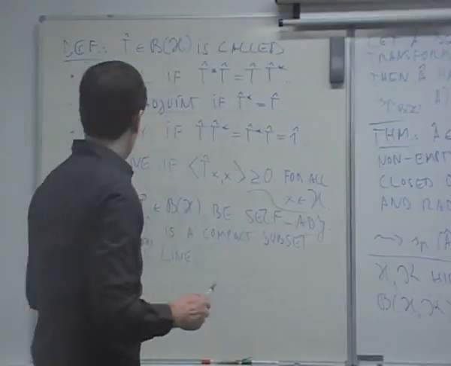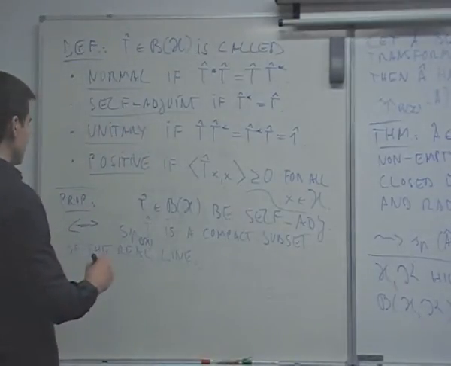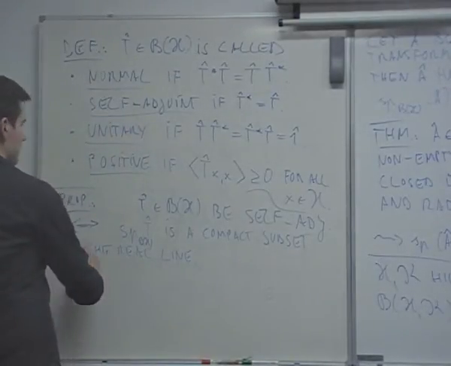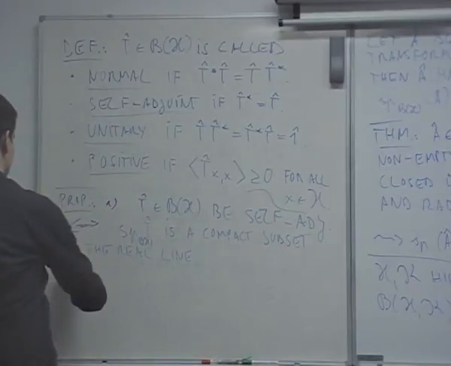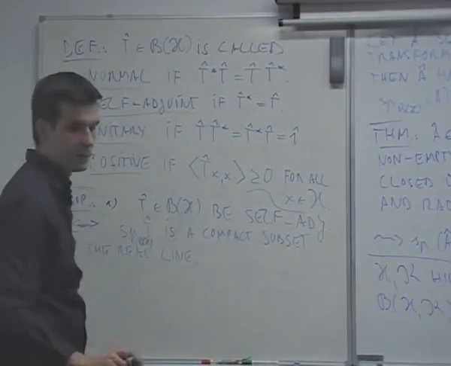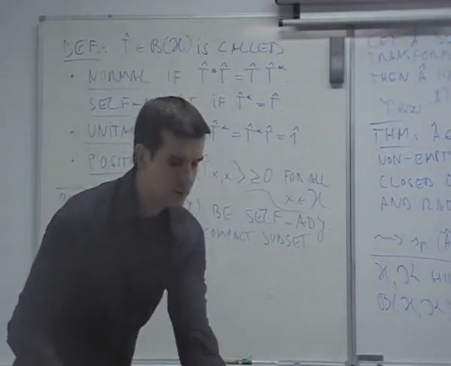Last thing I want to say today, and this is equally important, is you can see this as the first part of the proposition, and the second part is something about unitarity.